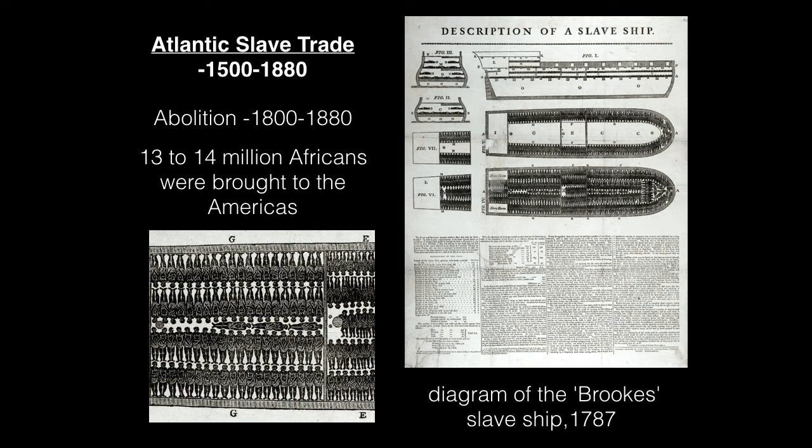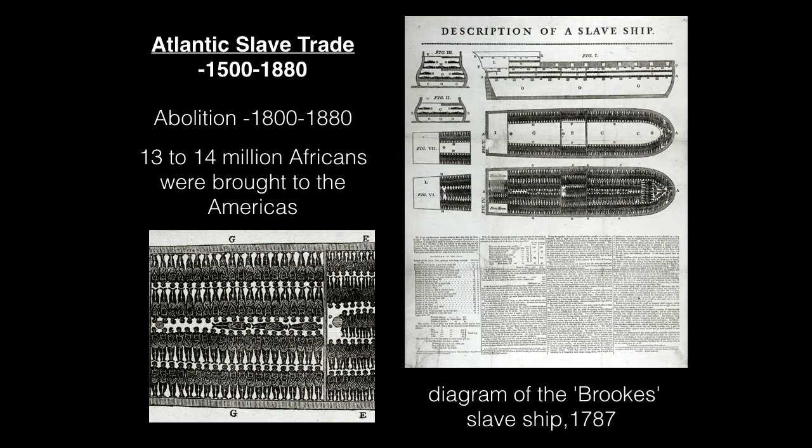And there was an abolition movement that began around 1800 to 1880, of people who began to see the extraordinary cruelty of what was being done. And what we see here, this diagram of the Brooks slave ship from 1787, is one of the early diagrams that really laid out the extraordinary circumstances of the slave trade.